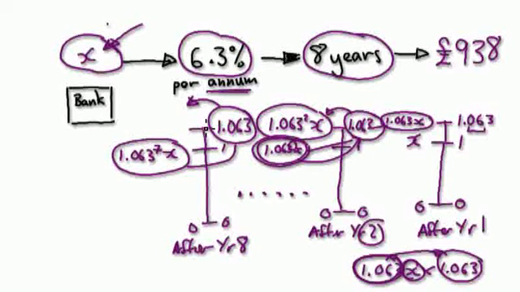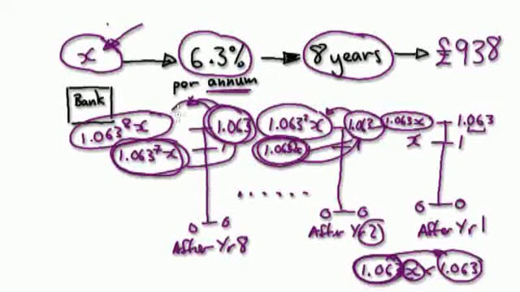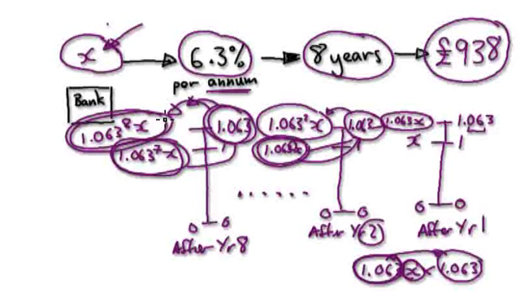So it would be 1.063 to the power of 8x. This will be our final amount. But we're told that at the end of it all, we've got this much, so you can say that this is the same as this here.